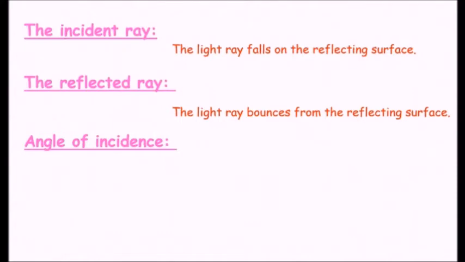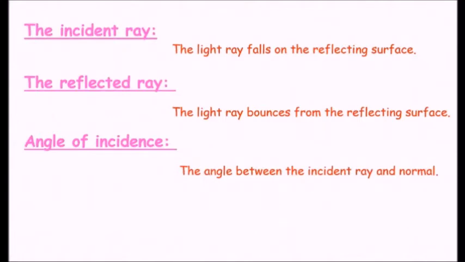In math we learned that the angle is always between two lines or two rays. Between the normal line, which is the perpendicular line, and the incident ray there is an angle which is called the angle of incidence. So what is meant by angle of incidence?